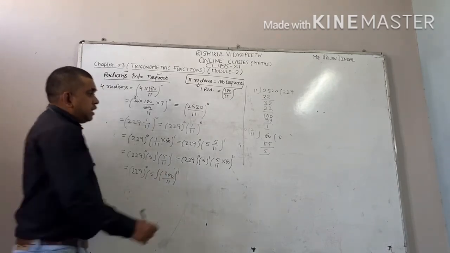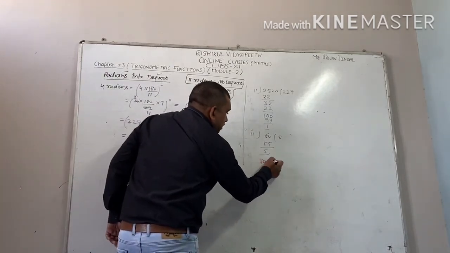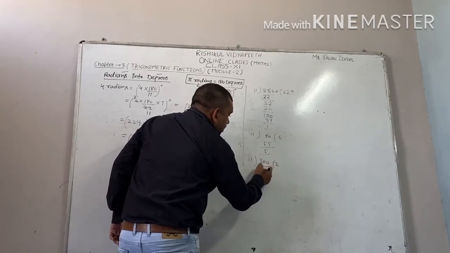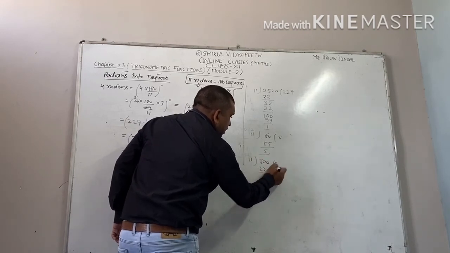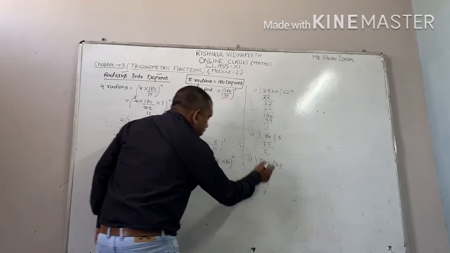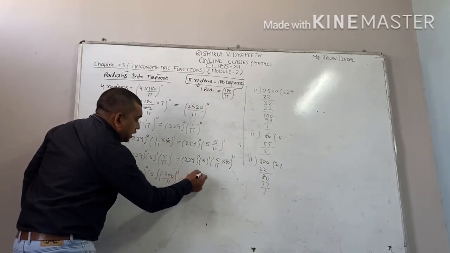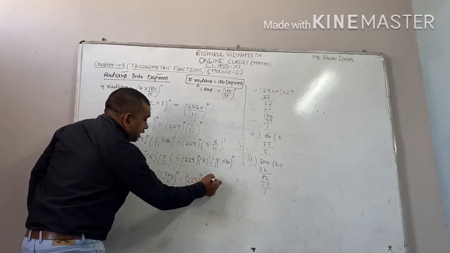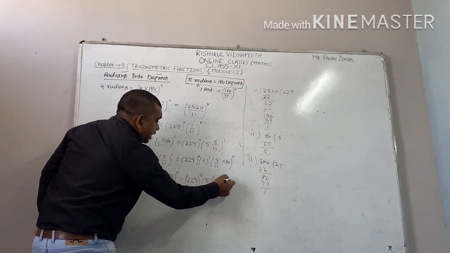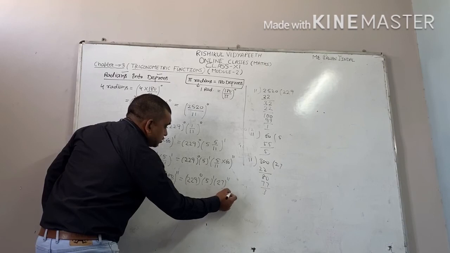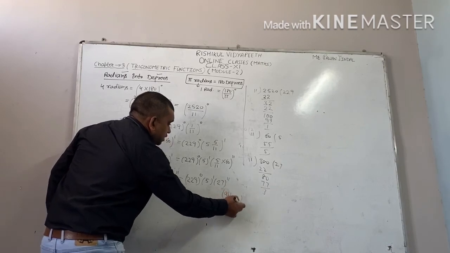Now divide 300 by 11. You can easily divide. What will you get? 11 2s are 22, 8. You will get approximately 27 seconds. Therefore, your answer is 229 degrees, 5 minutes and 27 seconds approx. Approximate, this is your answer.